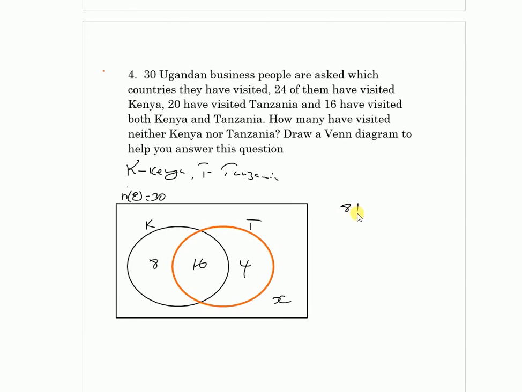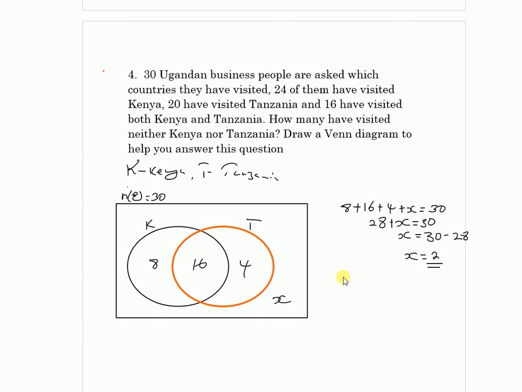So 8 plus 16 plus 4 plus X should get us 30. When I add everything here, I get 28 plus X equal to 30. 28 moves from left to right, becomes negative, that is minus 28. So X is equal to 2.